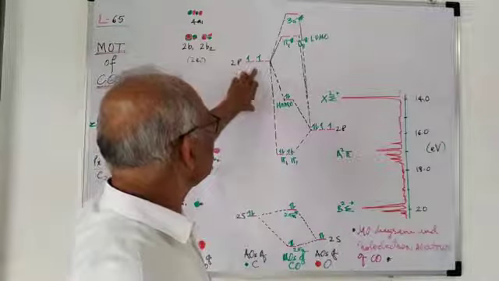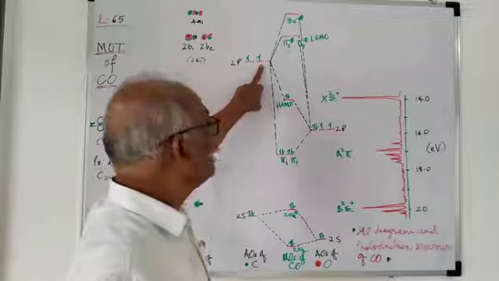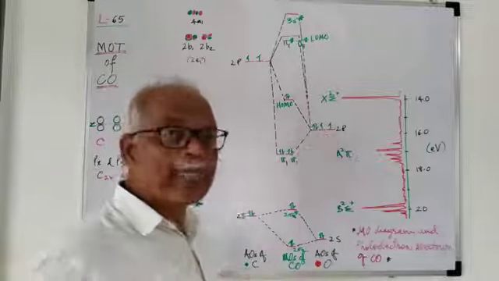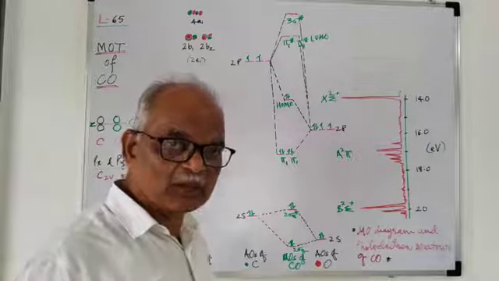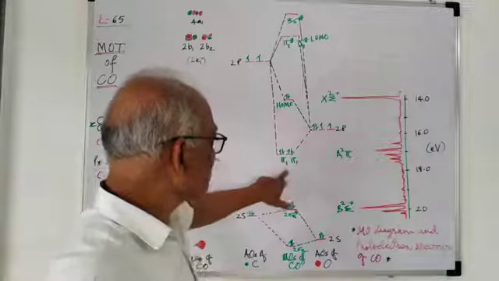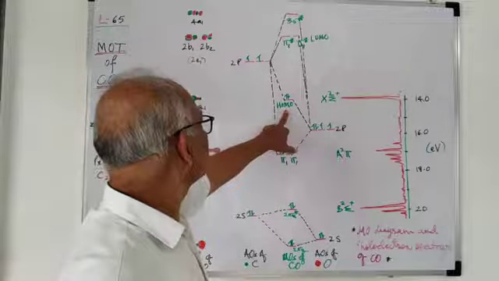Similarly, here you will find that the atomic orbitals of these 2p of carbon and oxygen, of matching symmetry, will interact with each other or undergo linear combination, and they will produce the pi molecular orbitals, and this is sigma molecular orbital.